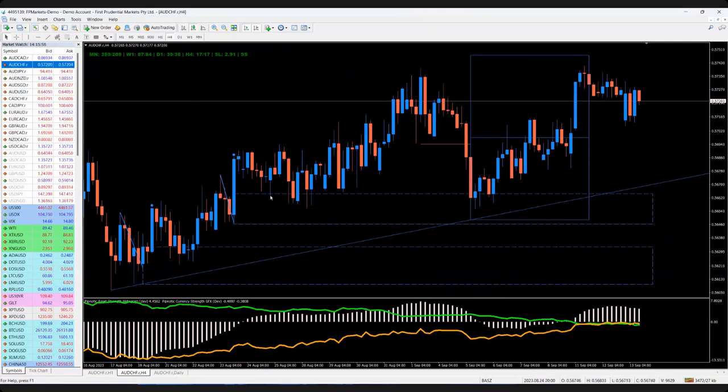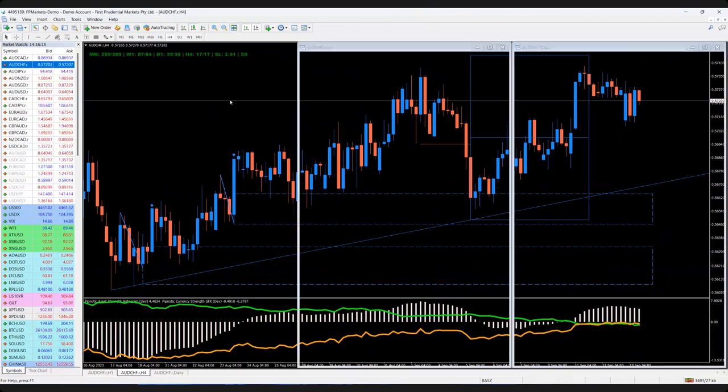Price got filled here when this blue candle poked into the zone. We sat on the zone for a little while, half a day or so, and then price slowly started to move north. Then we had another inefficient run into that nested demand there, and this is where we saw a continued interest in buying this currency pair.